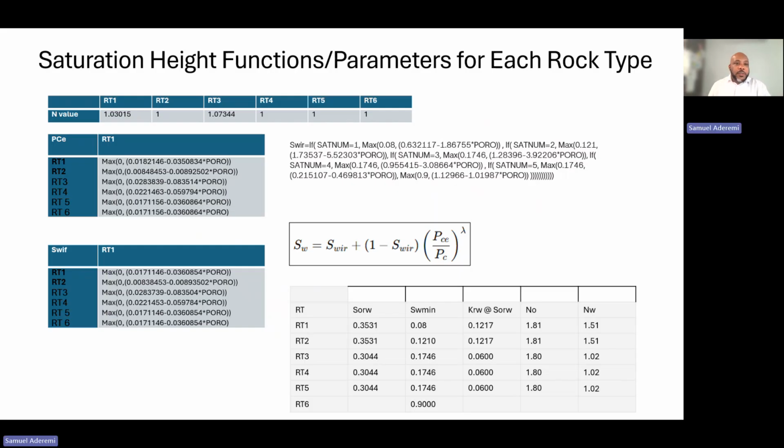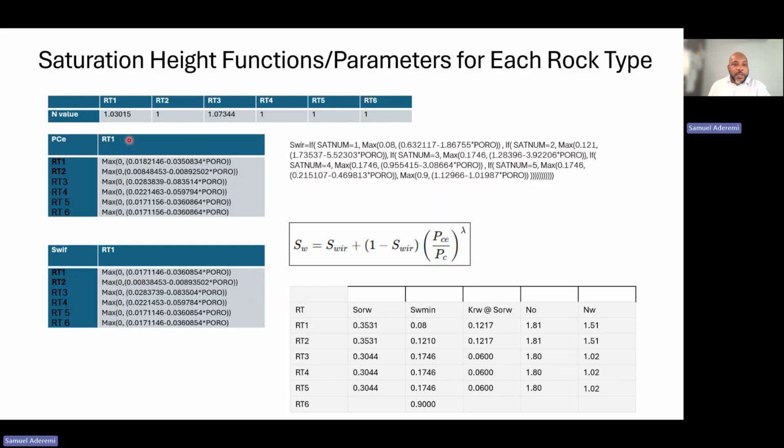From the previous section, we looked at how you can generate saturation height function parameters from TechLog. So I want you to imagine, in this case, we have the N for each of the 6 rock types that we illustrated in the previous slide.